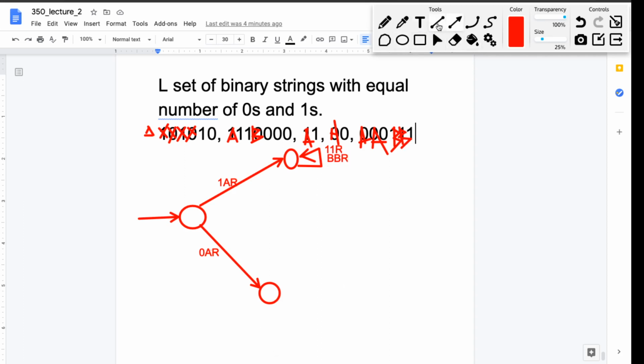So I'm going to have a loop here. I go down on what? I saw 0. So the first symbol I saw was 0. I replaced it with A. I skip all the zeros. I come back, let's say. So I cross the first 0 with the first 1.